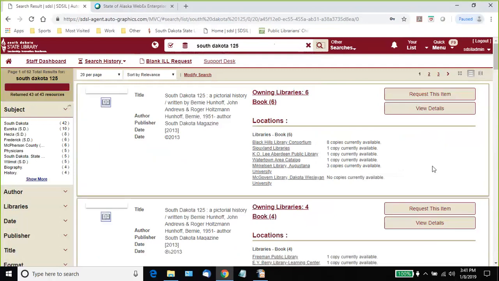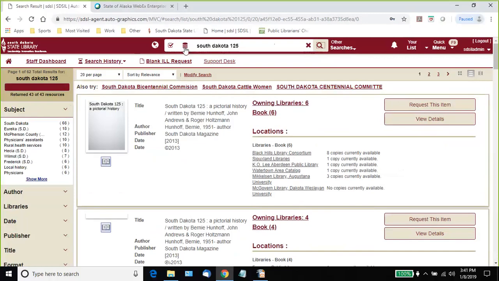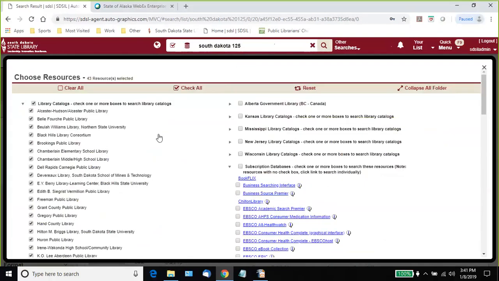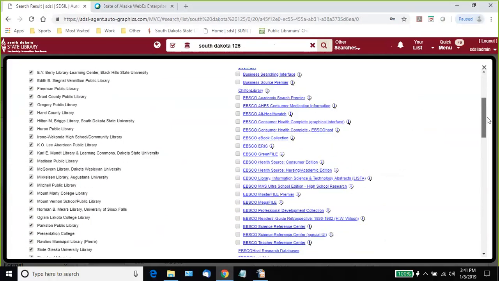So you can see when the results come up, and the way we have our system set up, I'm just going to click on the resource locator here. Boy, the Wi-Fi is real slow. Anyway, I wanted to show you that the way we have it set up, and this is for interlibrary loan purposes primarily, we have all of our South Dakota libraries selected to be searched by default.